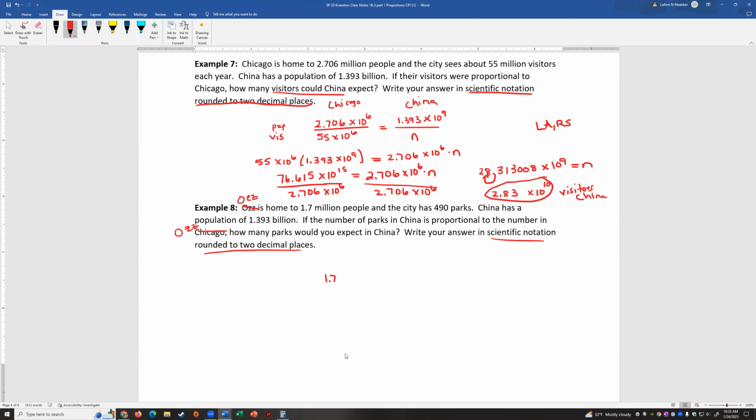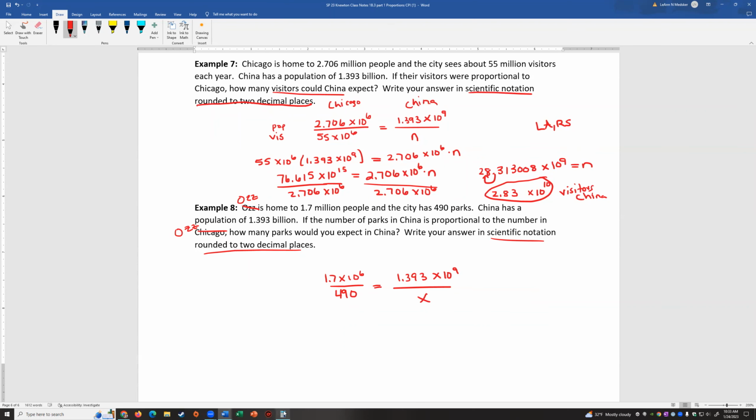So 1.7 million, which I'm going to write as times 10 to the 6th, since these are different units, over the 490 parks. People in China is 1.393 times 10 to the 9th. Just make sure you keep population in the same row together, and we don't know how many parks.